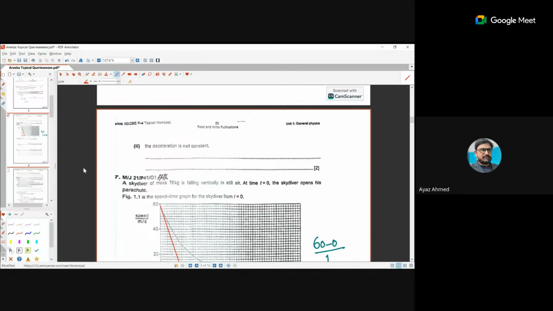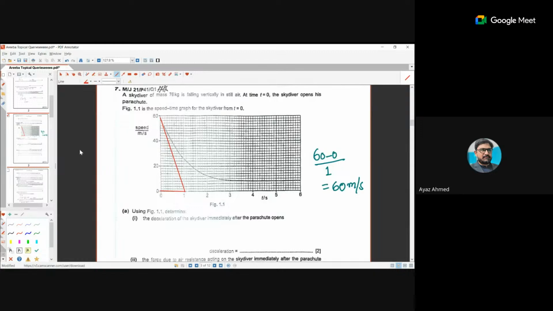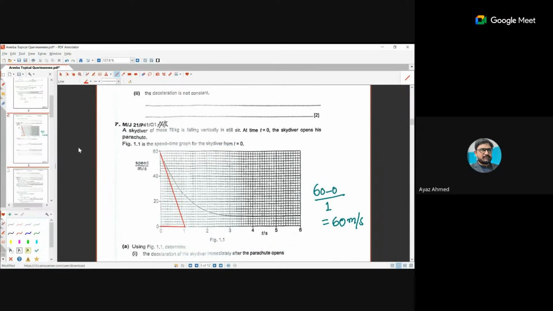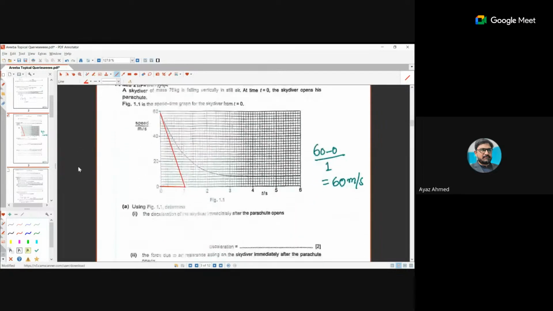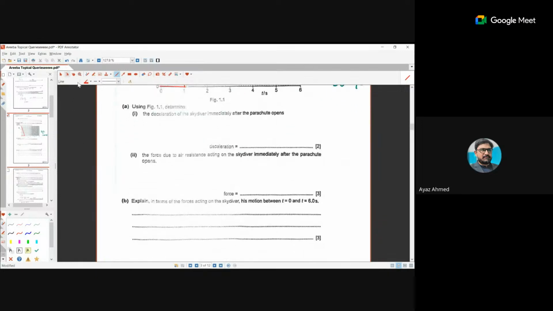Reads and Write publication? So they have this at the end of every chapter, right? So just go through that. Once you see the question, there will be a section. This is chapter number 4. There will be something written on that: Unit 1, general physics. Just check whether we are making an incorrect tangent or not. But the procedure is the same.